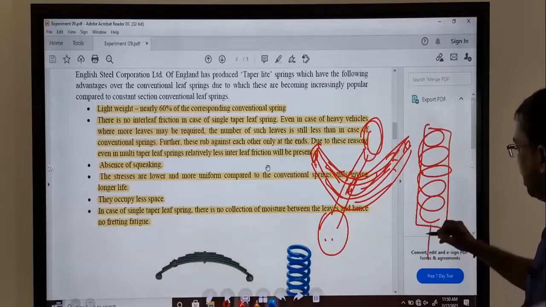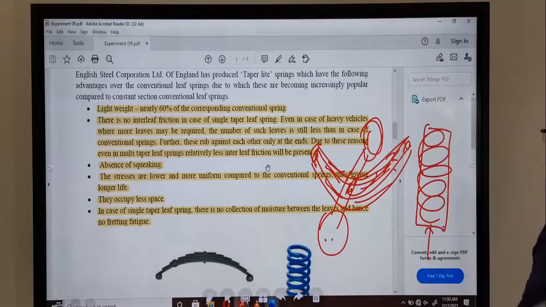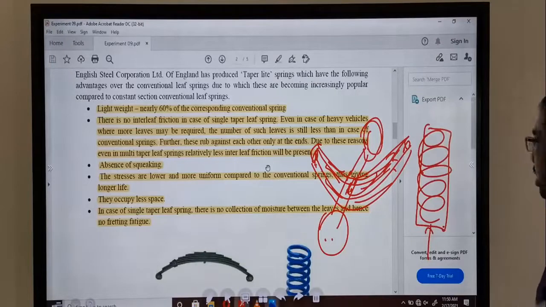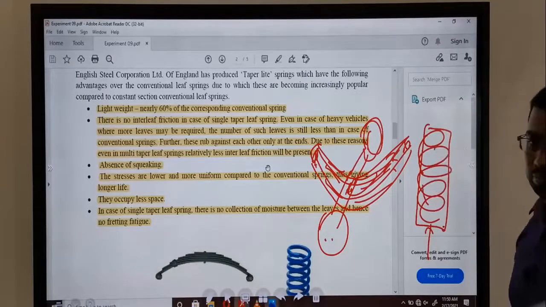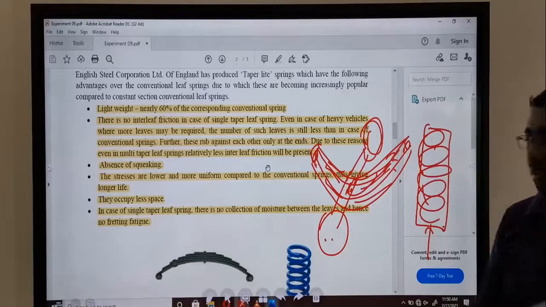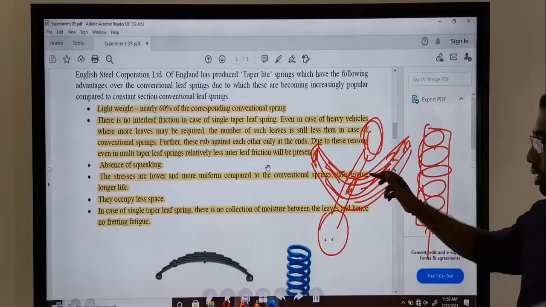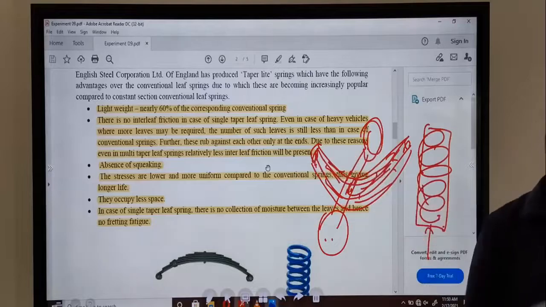When we absorb any stress or vibration, this type of arrangement of the spring is not uniformly spread. That's why this type of leaf spring gives a longer life.